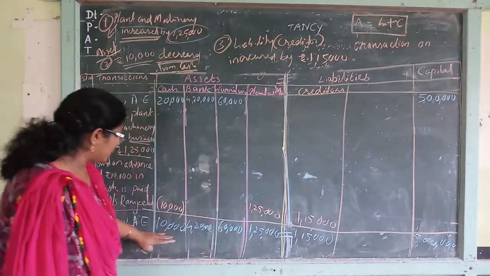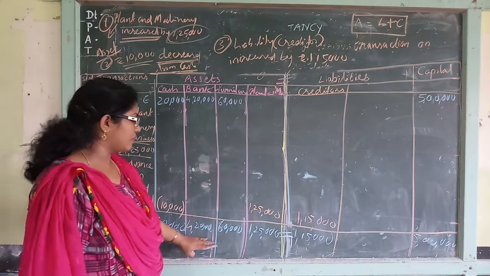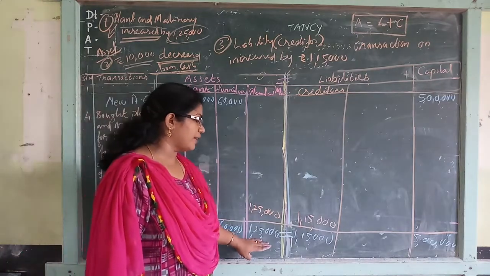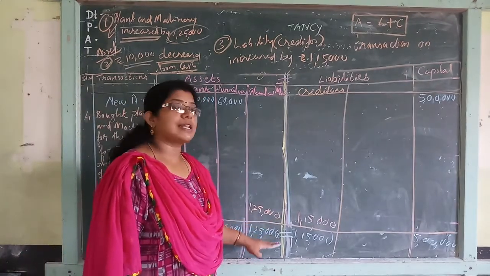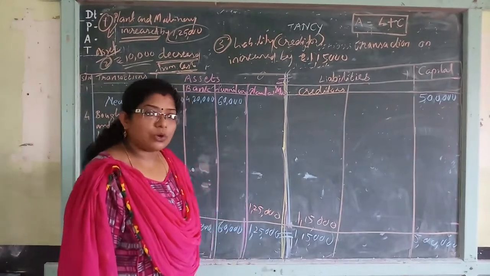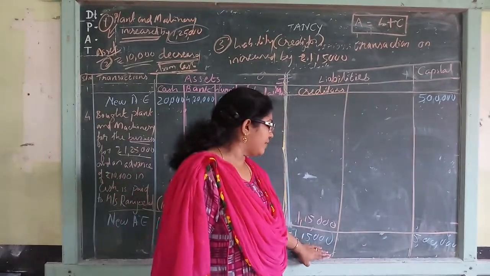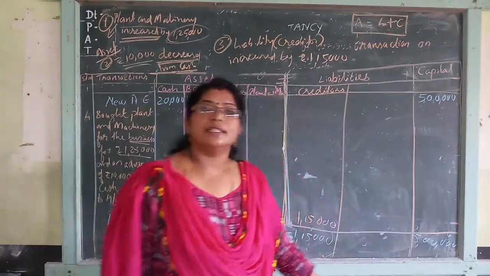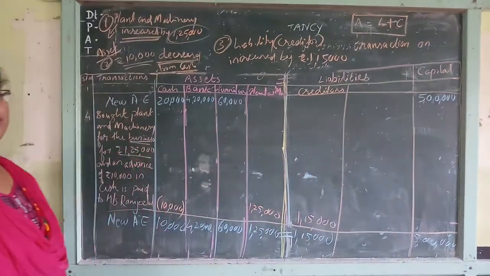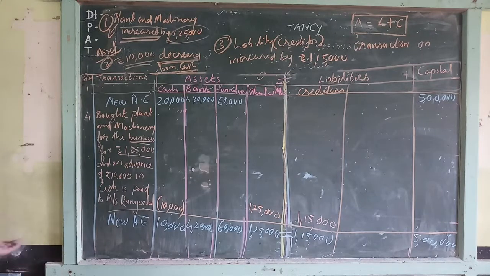So that is 10,000 plus 4 lakh 20,000 plus 60,000 plus 1 lakh 25,000, 6 lakh 15,000 total assets. Liabilities also 1 lakh 15,000 plus 5 lakh, that is 6 lakh 15,000. So both sides are now equal, balanced at 6 lakh 15,000 total.